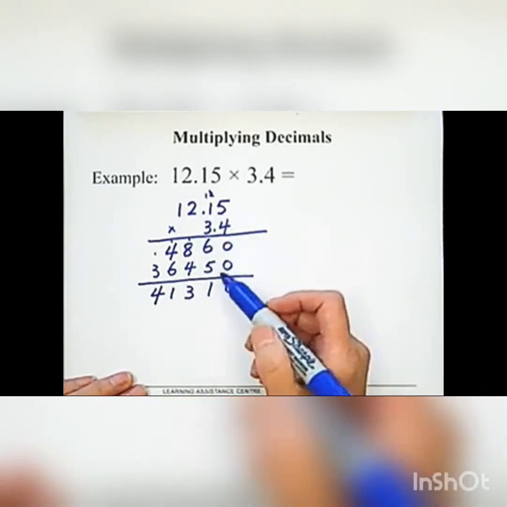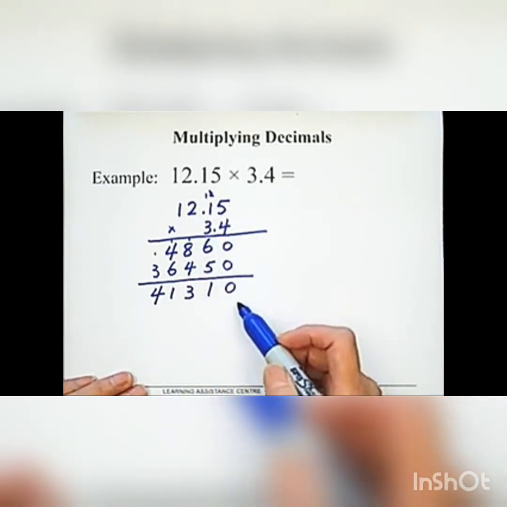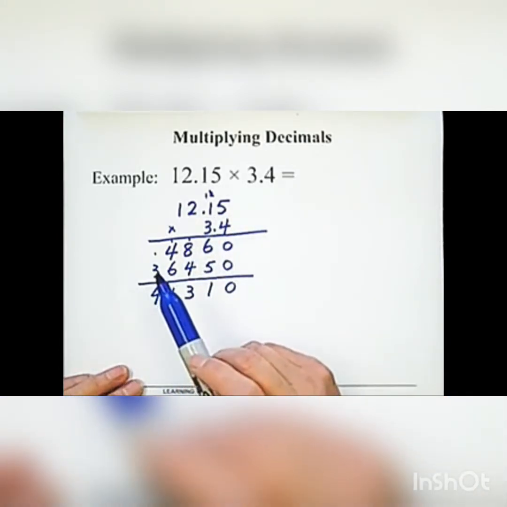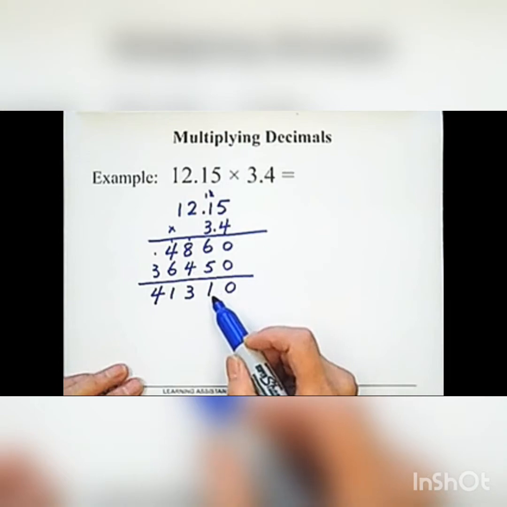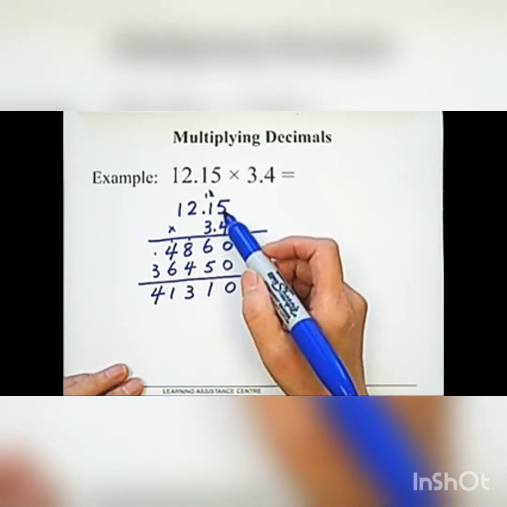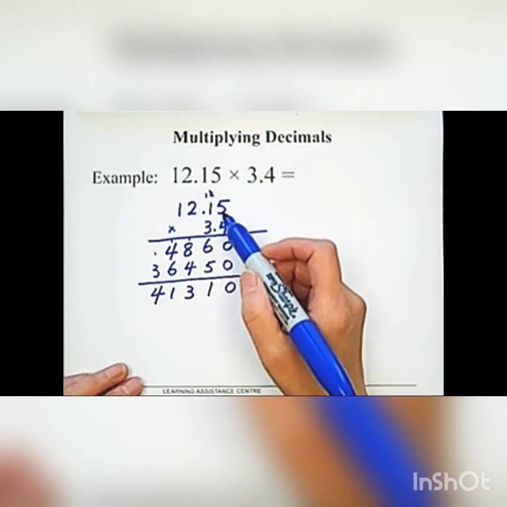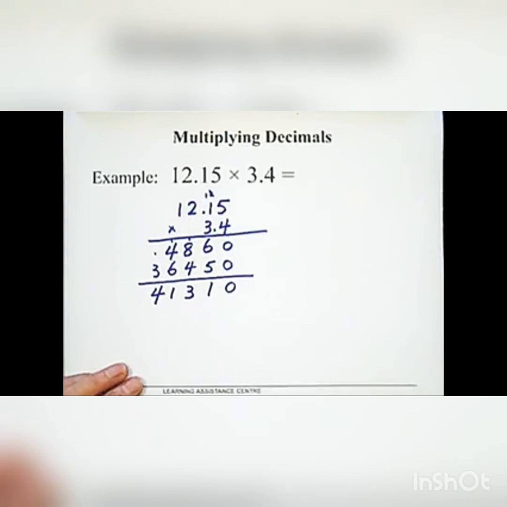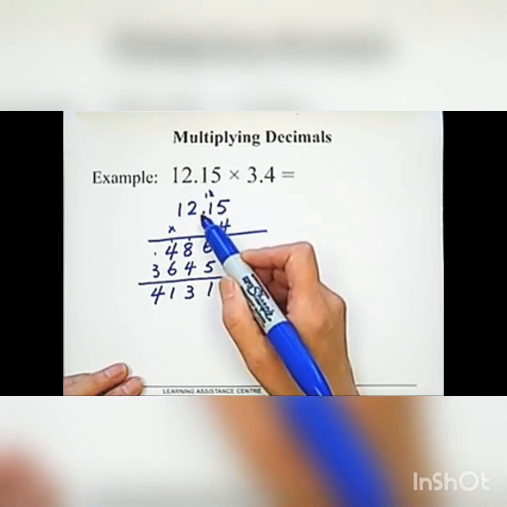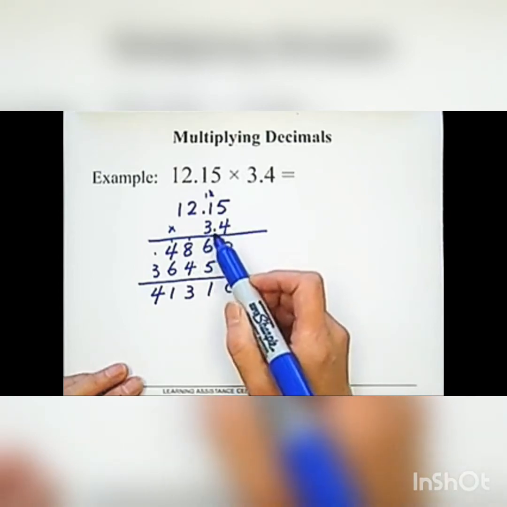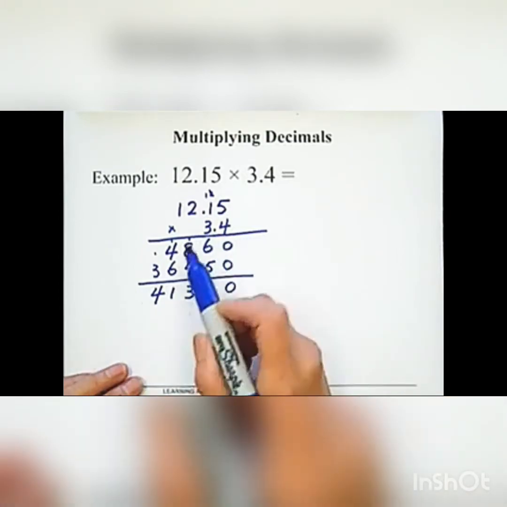Now we will insert the decimal. So how can we put the decimal here? Now see, we will count the numbers after the decimal. In 12.15, after the decimal there are 2 numbers, and in 3.4 after the decimal there is 1 number.